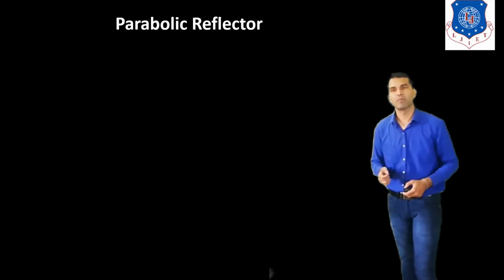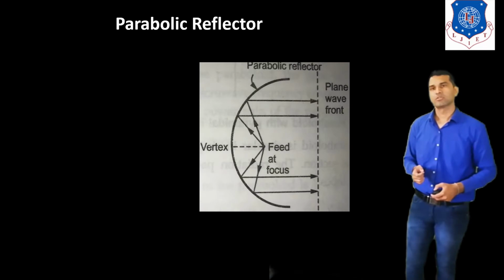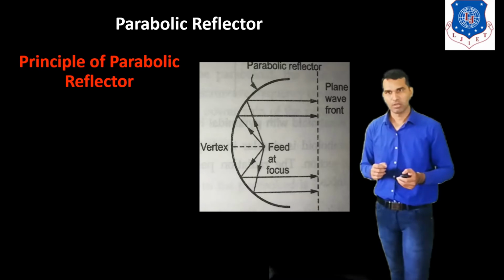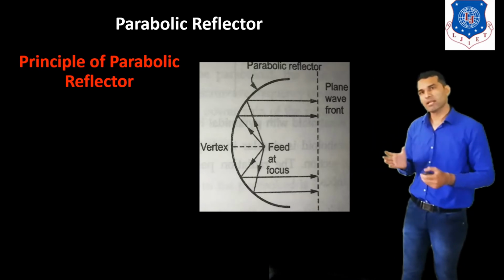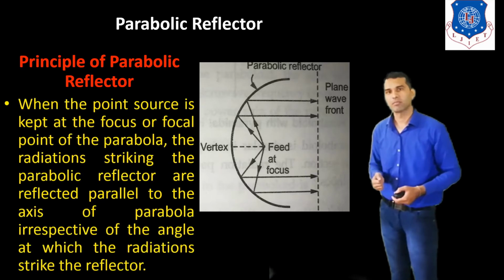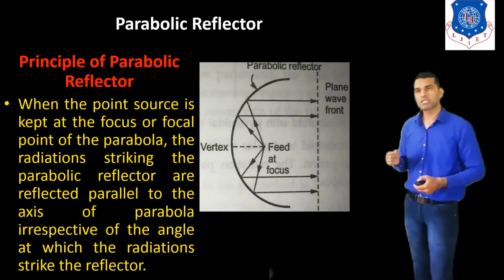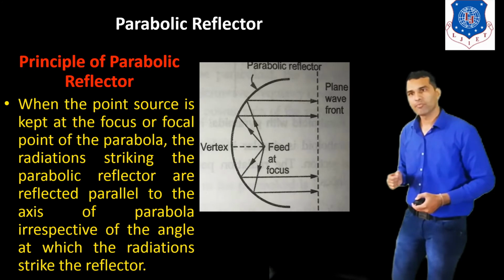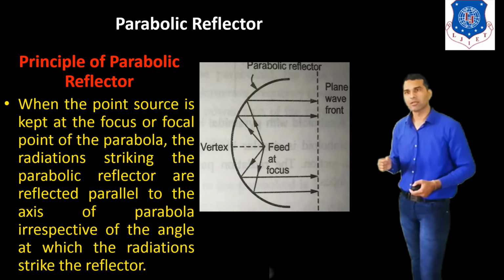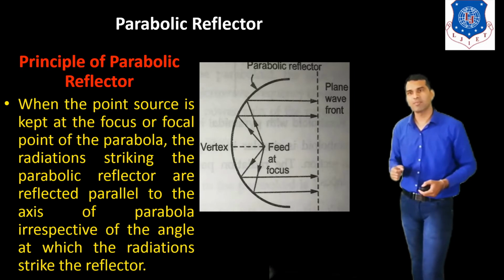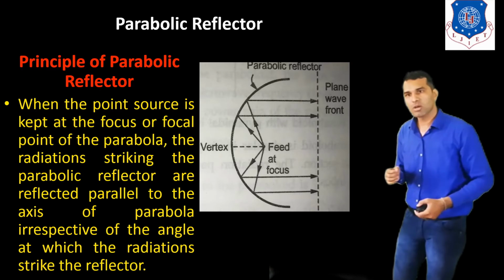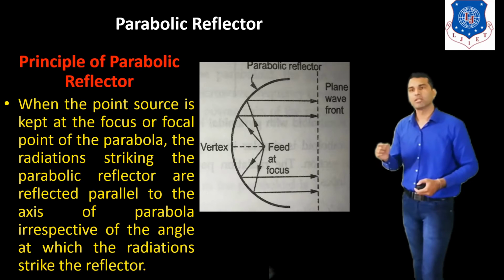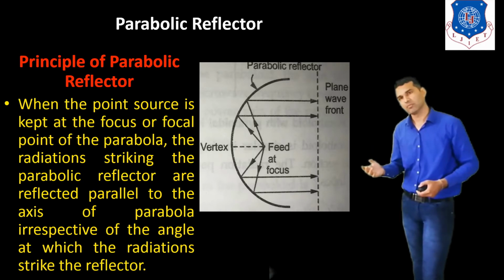Now we start with the parabolic reflector. First we discuss the principle on which the parabolic reflector antenna works. When a point source is kept at the focus or focal point of a parabola, the radiations striking the parabolic reflector are reflected parallel to the axis of the parabola, irrespective of the angle at which the radiation strikes the reflector.